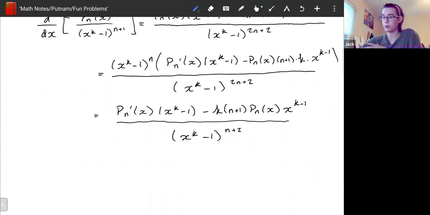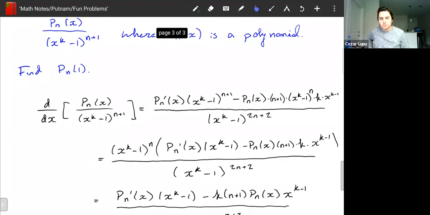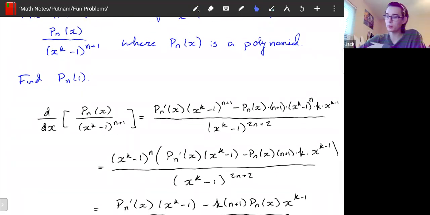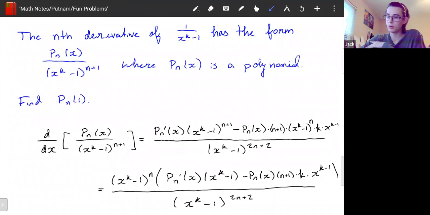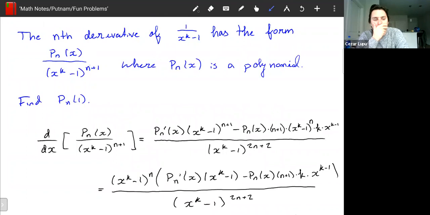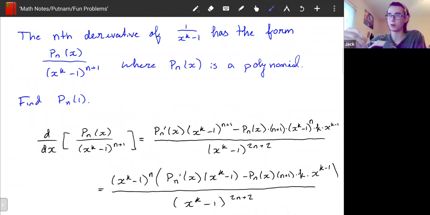Now this is great, because we have an n plus 2 here and some polynomial up here. That's exactly what our problem told us: the n plus 1th derivative of this function is p sub n plus 1 all over x to the power of k minus 1 to the power of n plus 1 plus 1, so n plus 2.